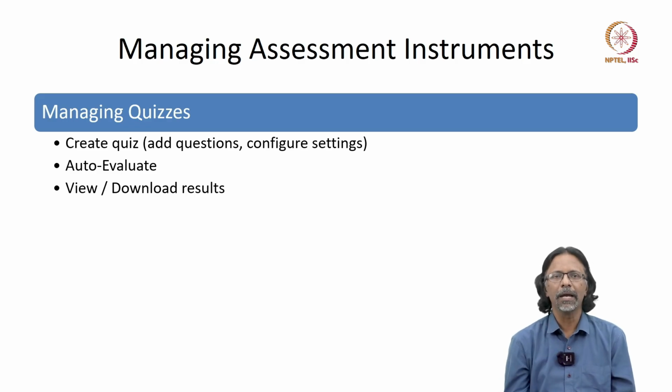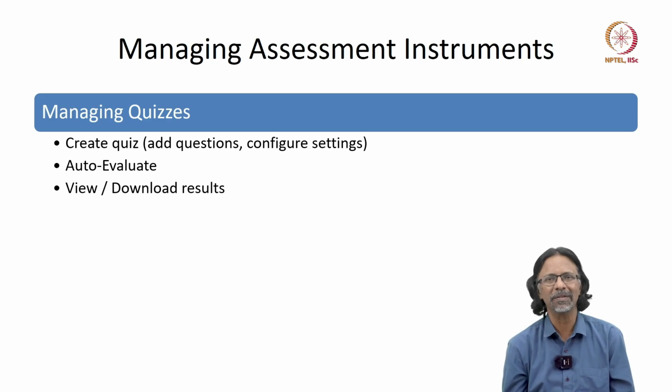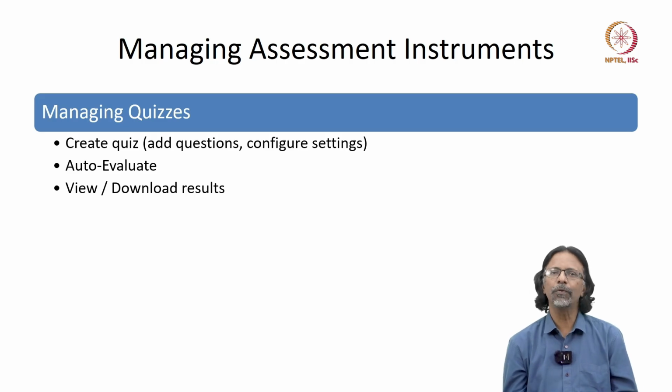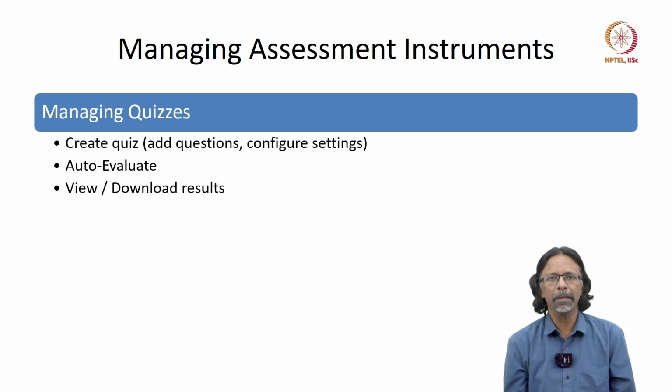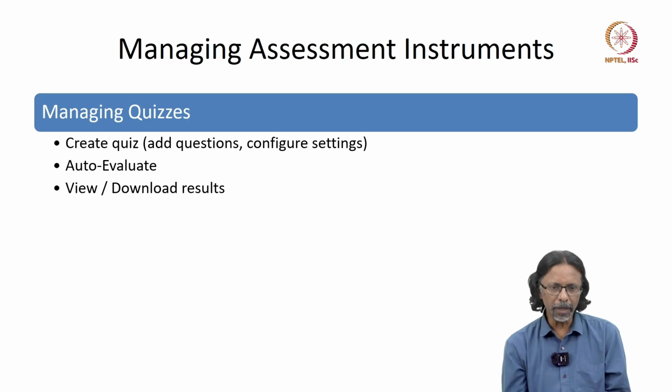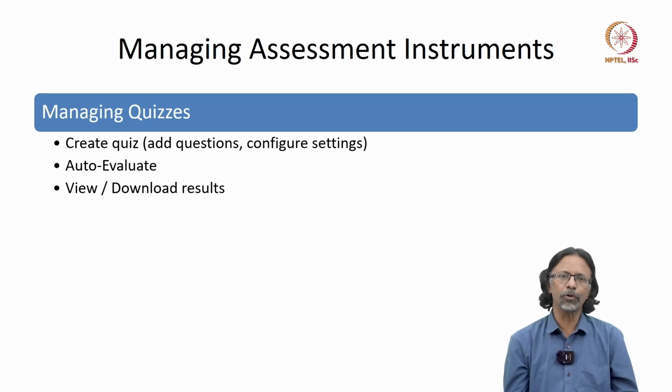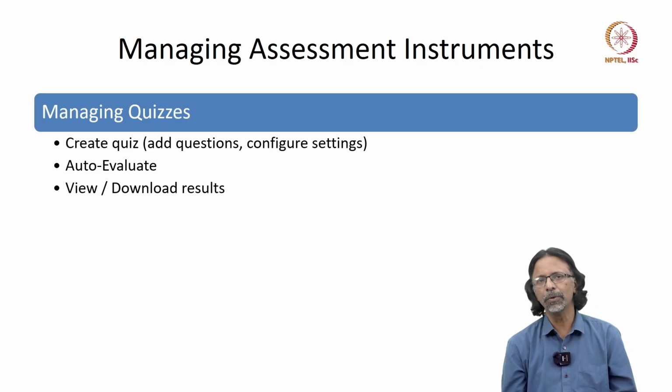And we looked at multiple choice questions as one such example. So if you have a quiz which contains all auto-evaluatable question types, then the quiz itself becomes auto-evaluated. So once we execute the auto-evaluation, then we will view or download the results.